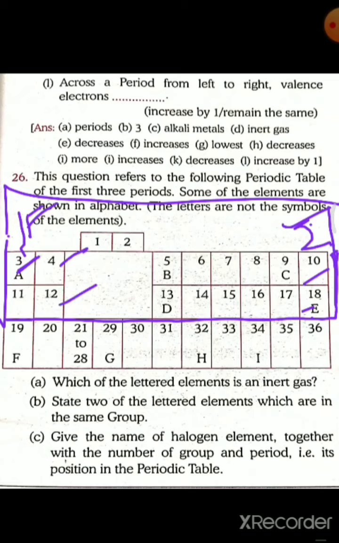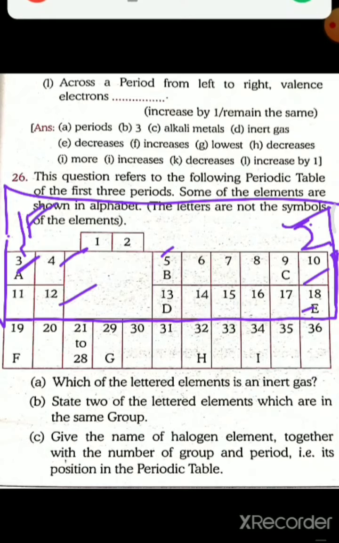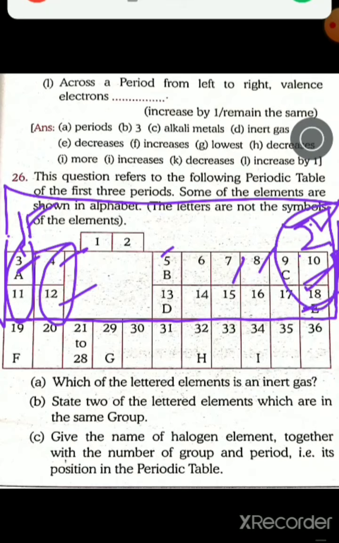Then boron, carbon, nitrogen, oxygen, fluorine are not two lettered, but you will write helium, neon and argon, these three are three lettered. So here the question is, you have to write the name of the two lettered elements which are in the same group, meaning these two are in the same group, this one also the same group, and these three also in the same group. Okay, 2, 10, 18.